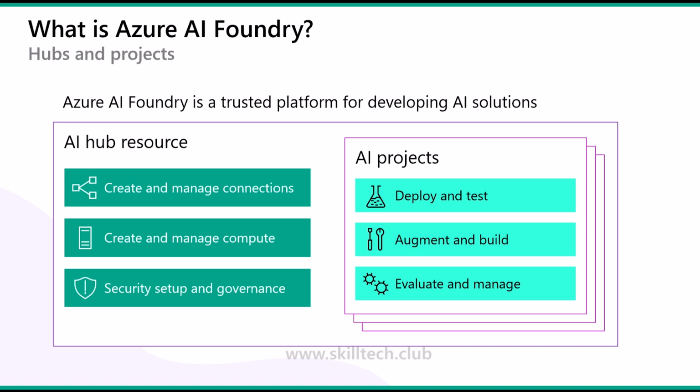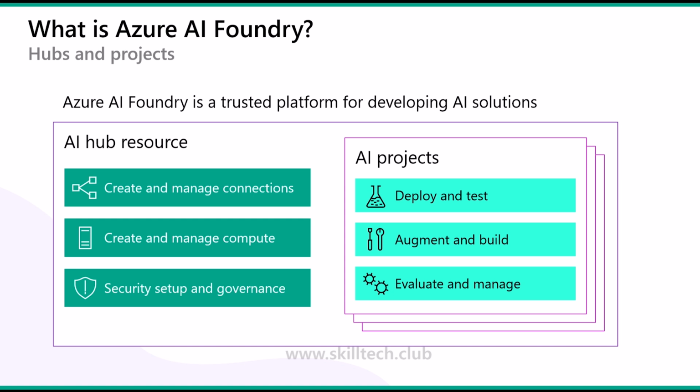Within an AI project, you can deploy foundation models from the model catalog, which is available in Azure AI Foundry projects. You can test the models inside the playground. You can also augment prompts by connecting custom data sources and connections, and you can build copilots with prompt flow.